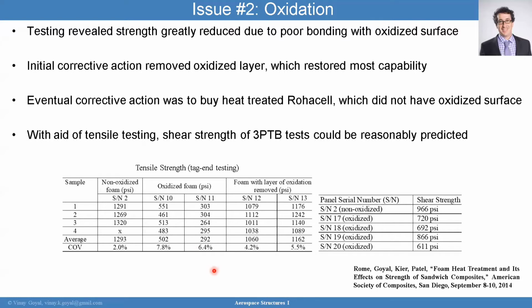And in fact, the last bullet there points out that if we look at the tensile testing, we could predict the shear strength. So we absolutely confirm that oxidation does cause a decrease in tensile strength at the surface, which leads to premature failure. So we go to the next slide.